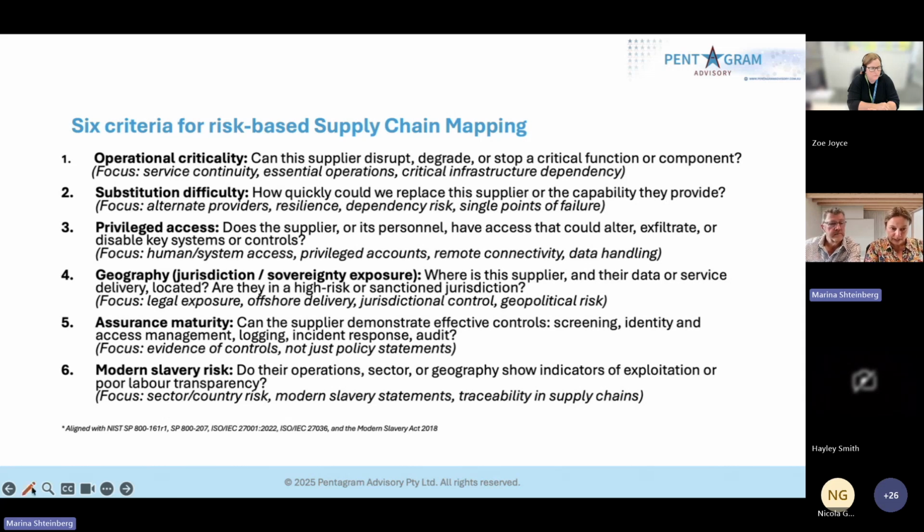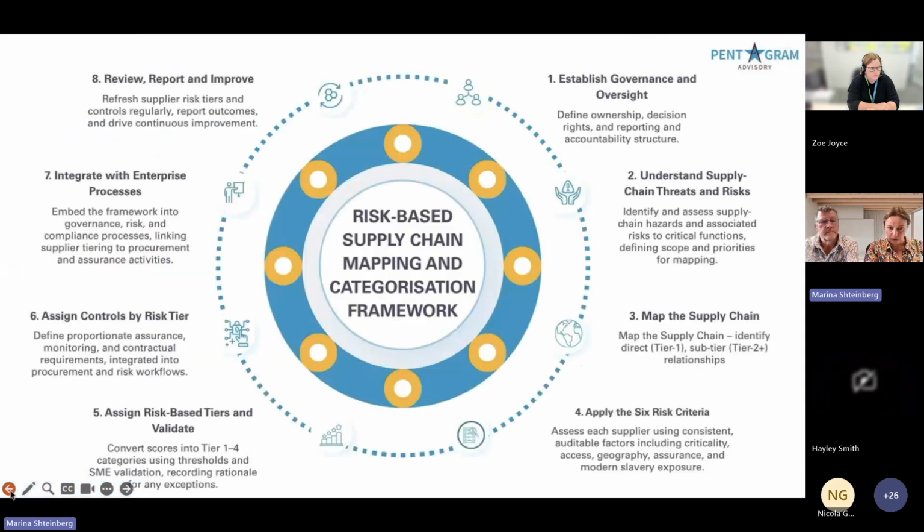So going back to our diagram, just to go through where we have just been, we categorized suppliers. Then it is about looking at controls depending on the risk tier, then integration with enterprise process, and then of course plan, do, check, act in terms of improvement, once again linking it to governance.